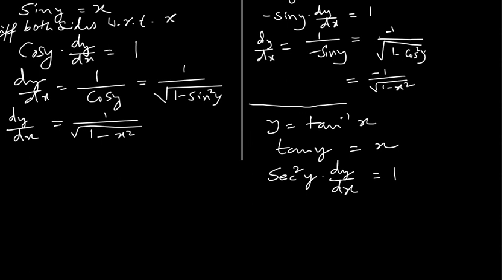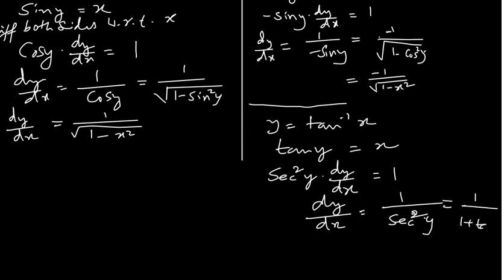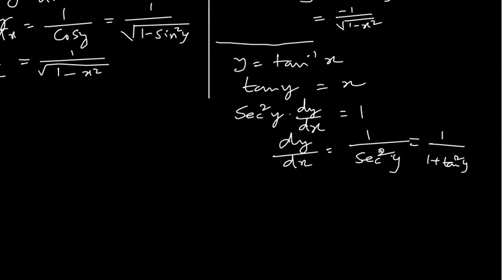So dy by dx equal to 1 divided by secant squared y. So that's equal to 1 by 1 plus tan squared y. Understood, right? 1 by 1 plus tan squared y. So tan y is equal to x. So you have 1 divided by 1 plus x squared.